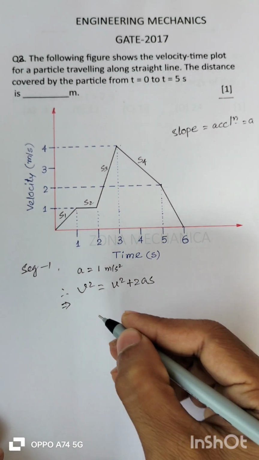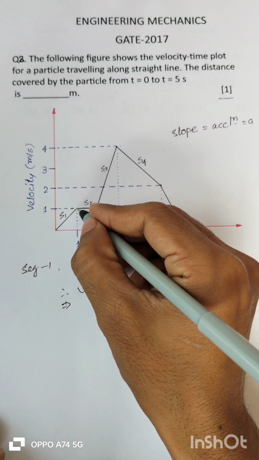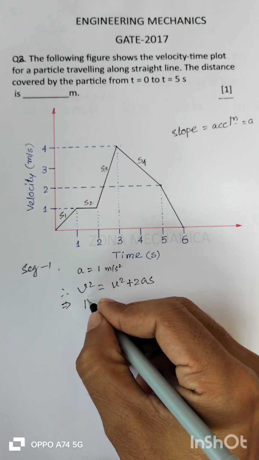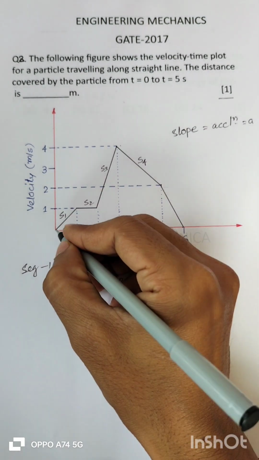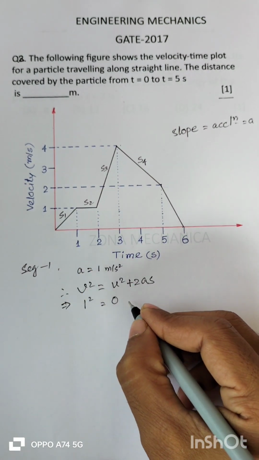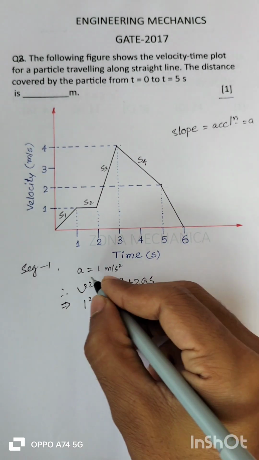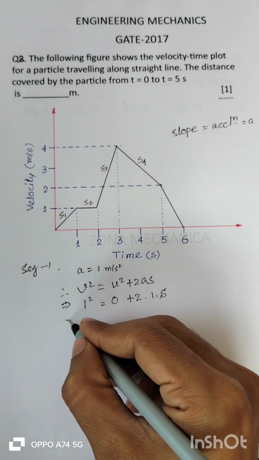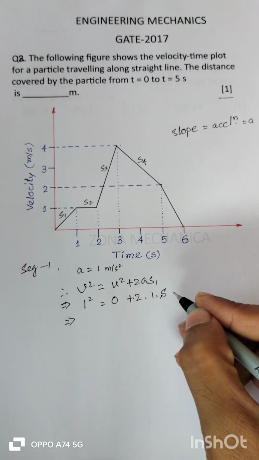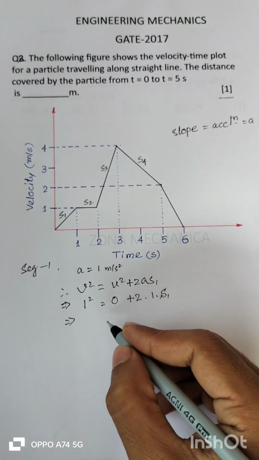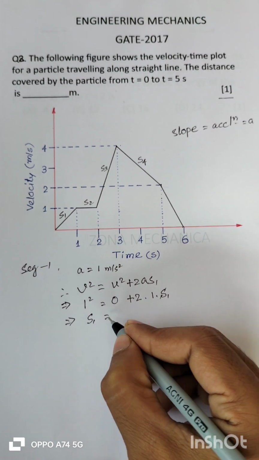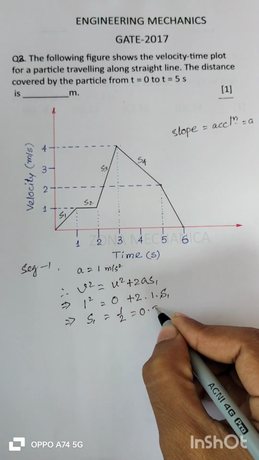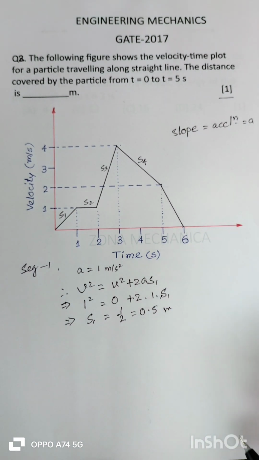So from here, v is the final velocity, 1 meter per second, so 1 square. u is the initial velocity, that is 0, plus 2 into a, which is 1, into s. I'm writing this as s1. So clearly s1 is equal to 1 by 2, that is 0.5 meter, right?